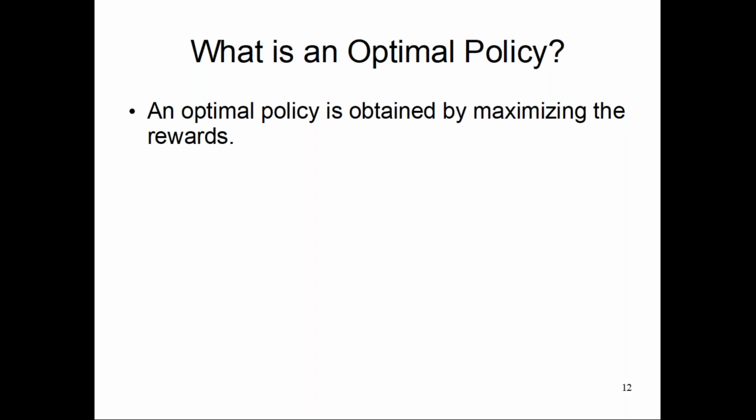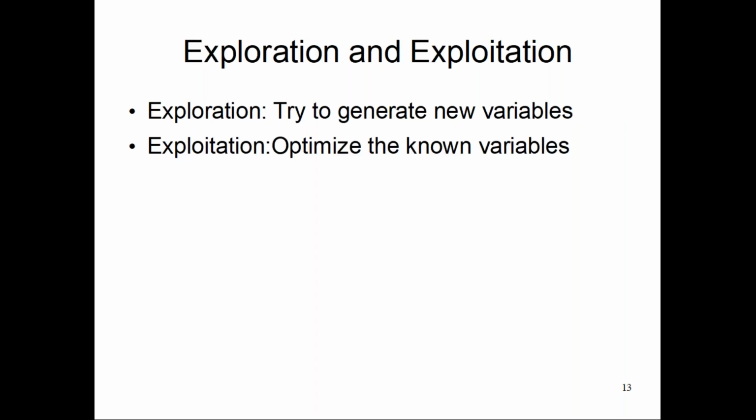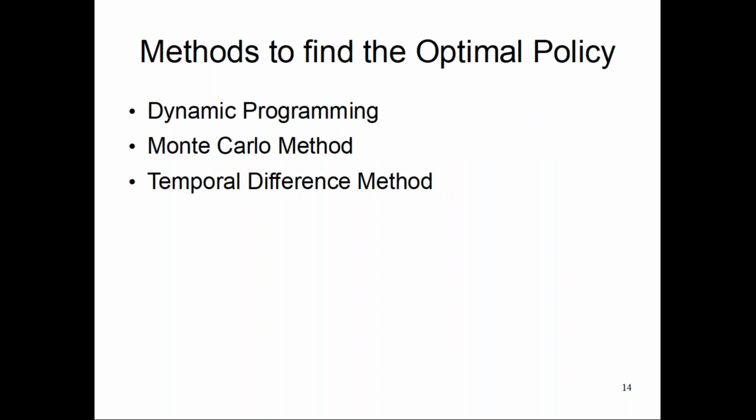To get an optimal policy, either you have to work on the existing known variables or you have to try exploring new things. So these are the two ways, and they can be done with these three methods. Which method you choose depends on the environment.